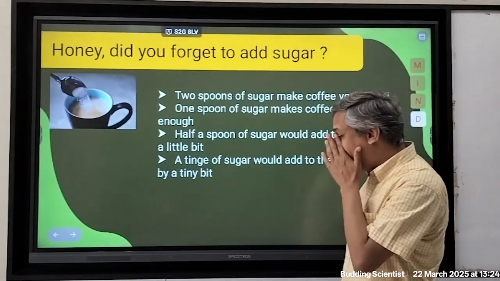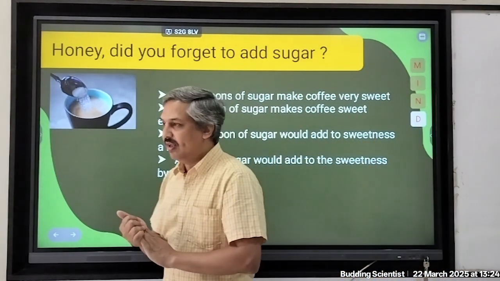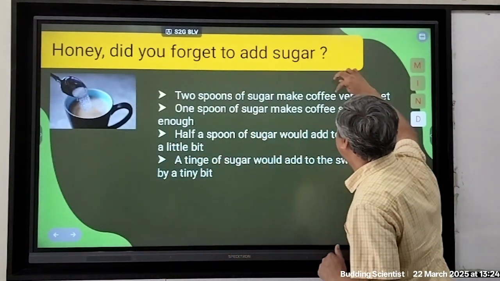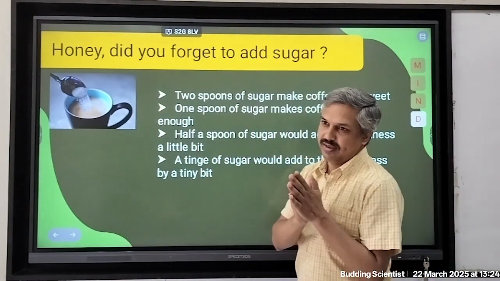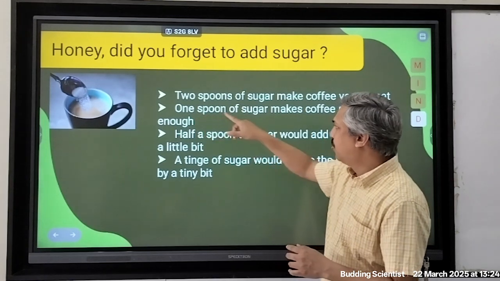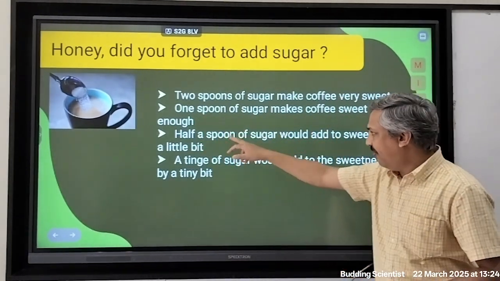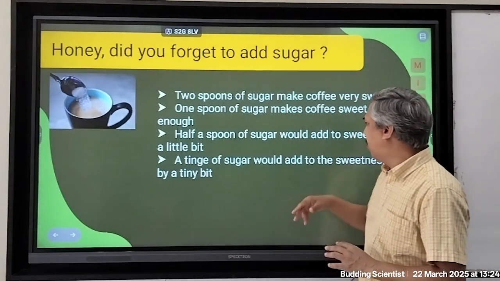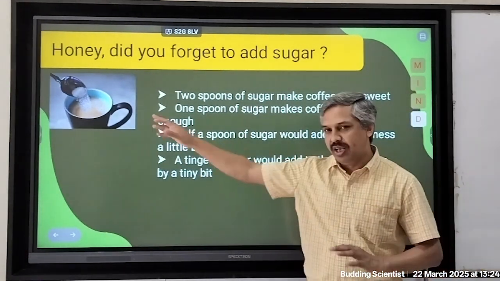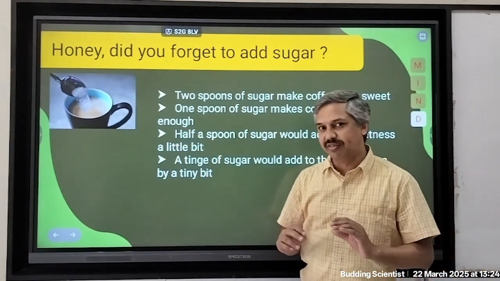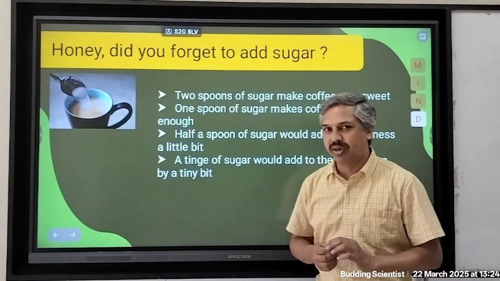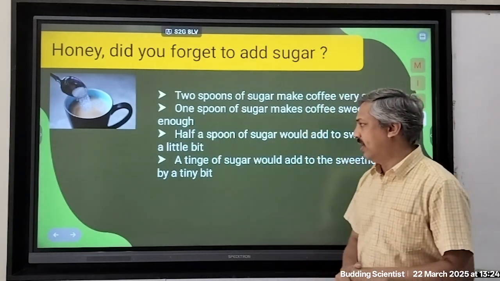That kind of opened eyes for Dalton. Two spoons of sugar will make the coffee very sweet. But if it is only one spoon of sugar, then the coffee is not sweet enough. Half a spoon of sugar extra would add to the sweetness. It was already sweet, but was not sweet enough. So if you add a little bit of sugar more, it will become slightly more sweet.